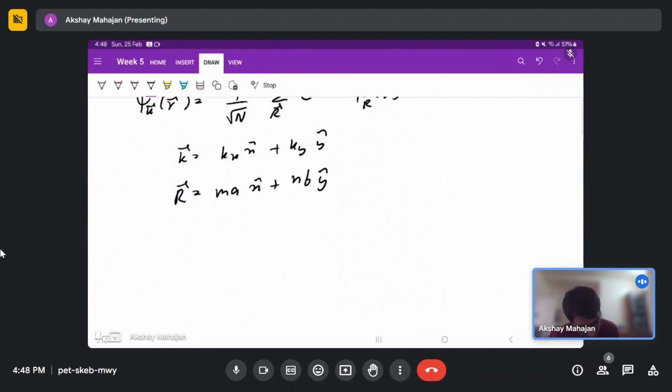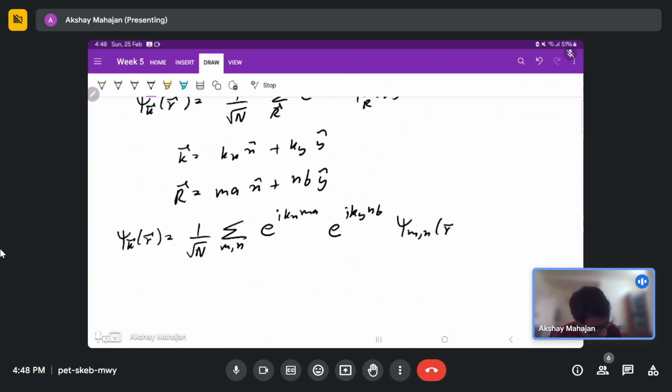So now psi of k vector, r vector will be given by 1 by root N, summation over m comma n, e to the power i kx m a, e to the power i ky n b, phi of m comma n of r vector.